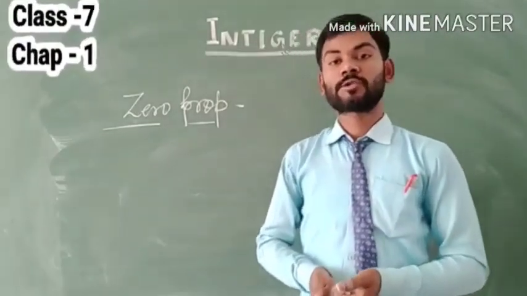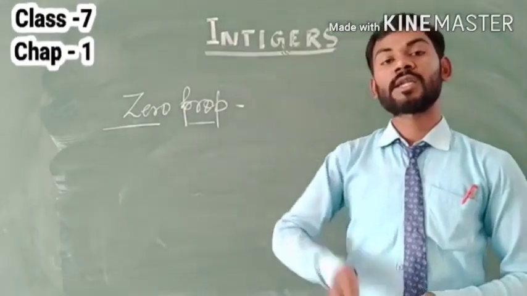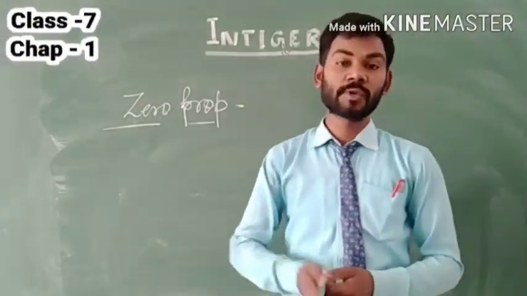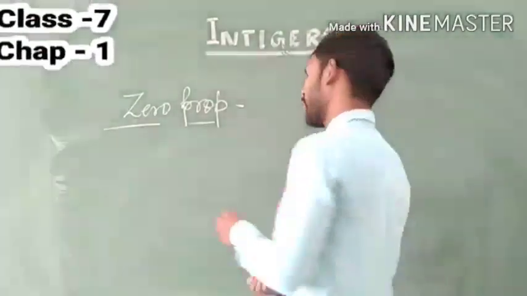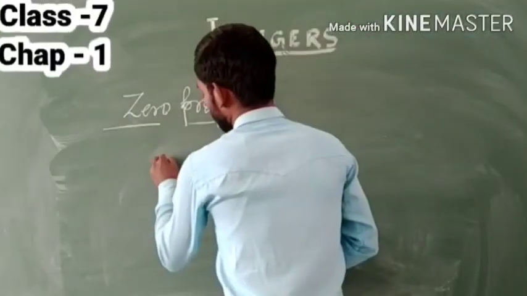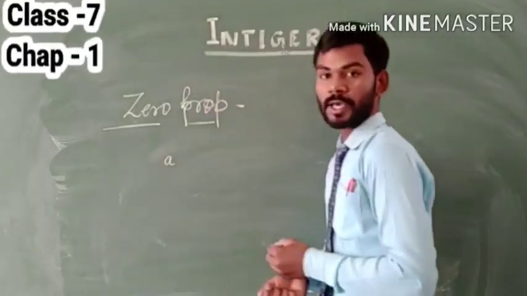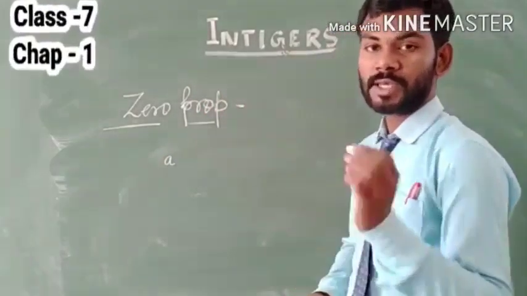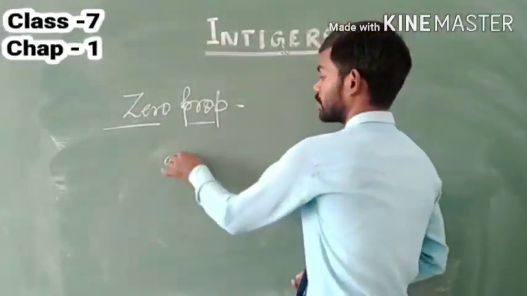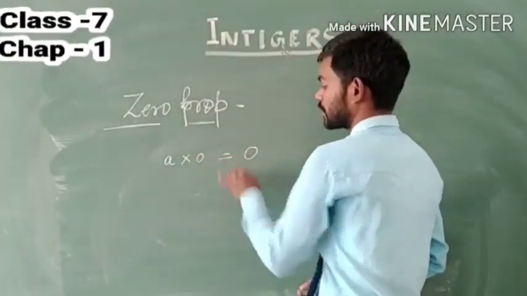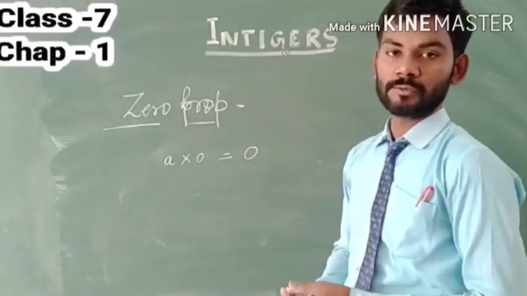And you also know that whenever we multiply any non-zero number with 0, we always get the result 0. Therefore, if a is any integer, and a is multiplied by 0, we always get the result 0.